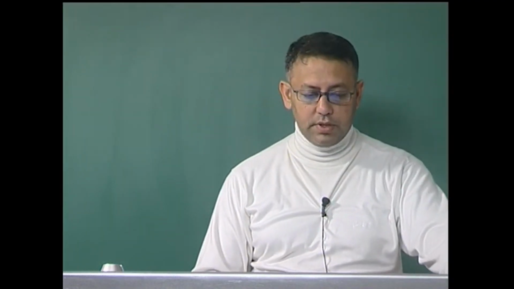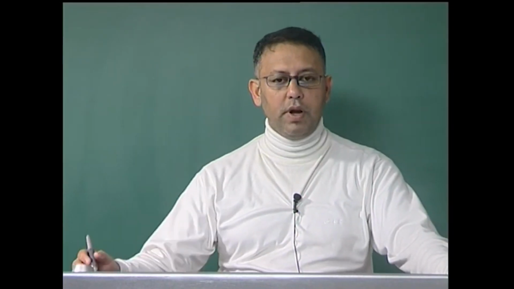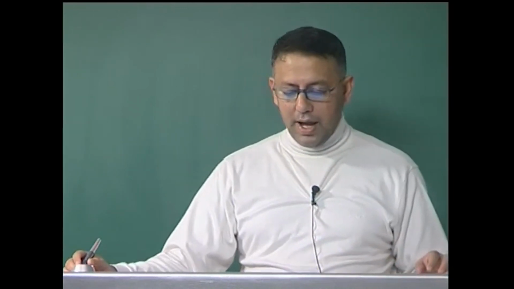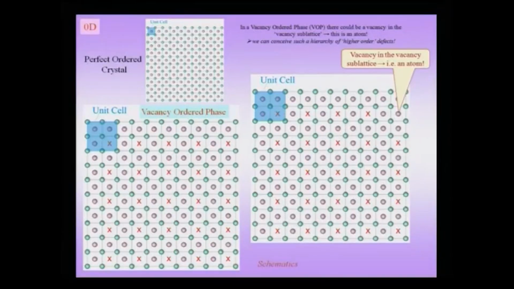So, this is an alternate viewpoint which makes it very interesting to study some of these defects, and so let me briefly summarize the concept of a defect in a defect. I may have a defect belonging to 1 dimension, 0 dimension or 2 dimension. In the case of the 0 dimensional defect, we considered the vacancy ordered phase, and for instance, in this figure I see a vacancy sublattice which is formed by these crosses.